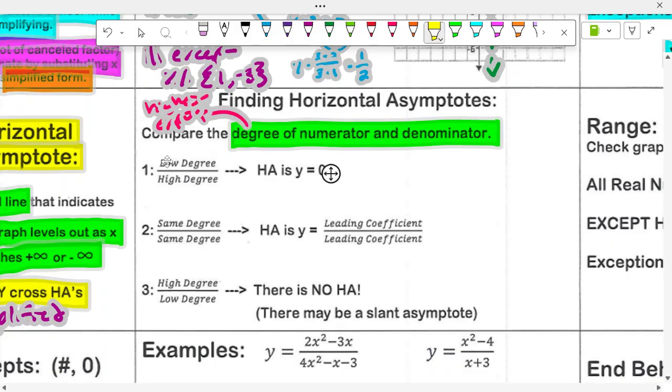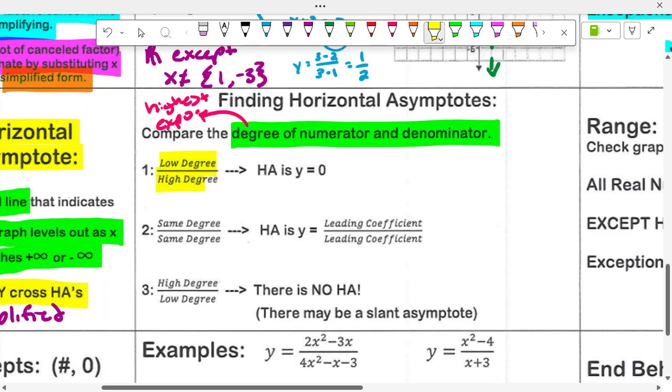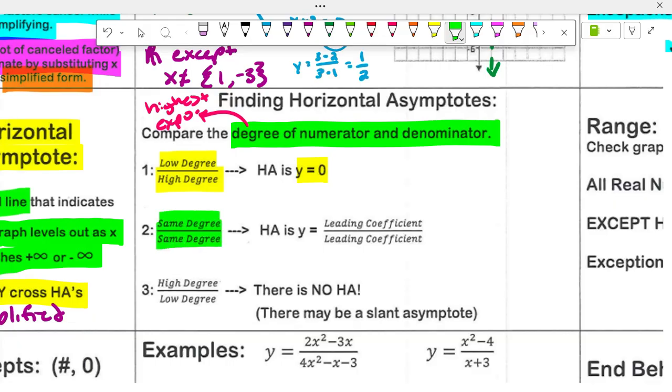So if your numerator's degree is lower than your denominator's degree, your horizontal asymptote is automatically y equals 0. If your numerator and denominator have the same degree, meaning they have the same highest exponents, you take y equals the leading coefficient of the top over the leading coefficient of the bottom.